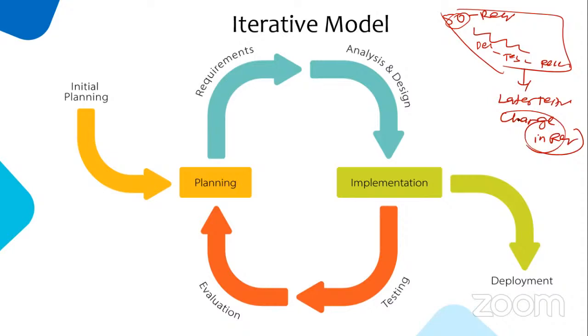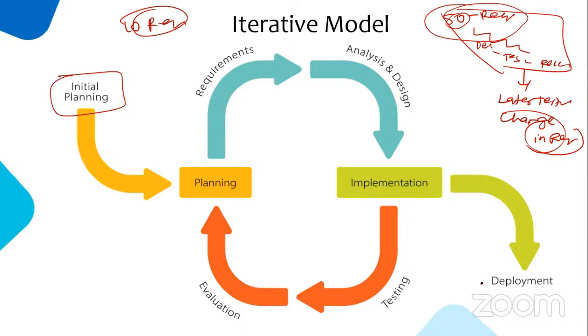So what they did in the iterative model: instead of working on all 50 requirements in a single go, they will first take 10 requirements. Some stages happen only once: initial planning, deployment, maintenance. But they will take 10 requirements, plan it, analyze that, and then code.